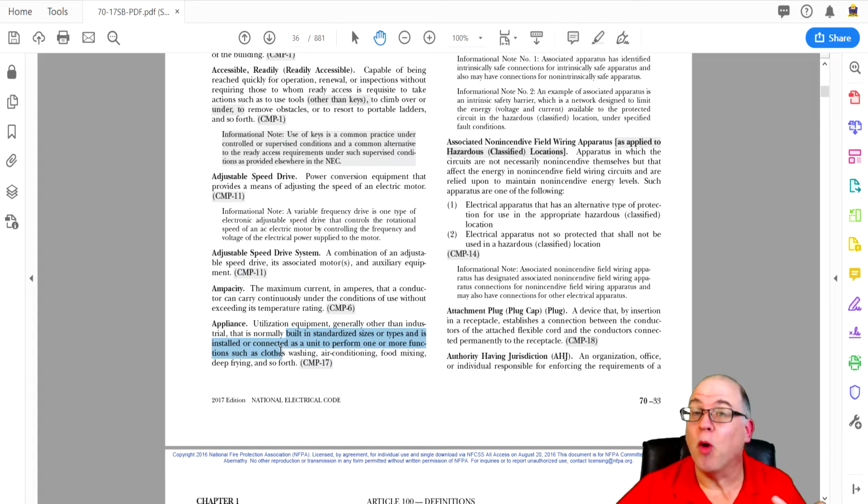One or more functions. A clothes washer has a motor that spins it and it washes clothes. An air conditioning unit has one function and it's an appliance, but they make them in standardized types or sizes. Okay? I don't want you to get lost in that and let people lead you astray when it comes to what an appliance is and how you apply these things.